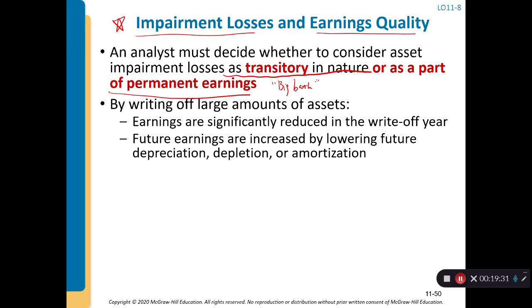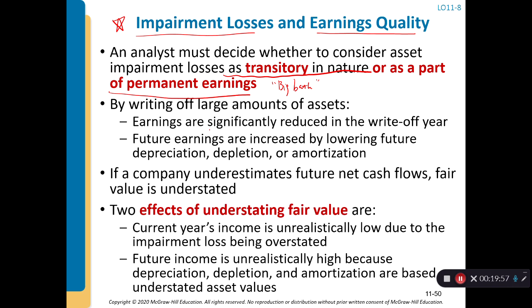We measure the impairment loss as the amount by which the asset's fair value is less than the book value. However, in most cases the fair value must be estimated, and the estimation process usually involves forecasting the future net cash flow the company expects to generate over the asset's life. If a company underestimates the cash flow, by writing off a large amount of assets, the earnings are significantly low in the year of write-off.